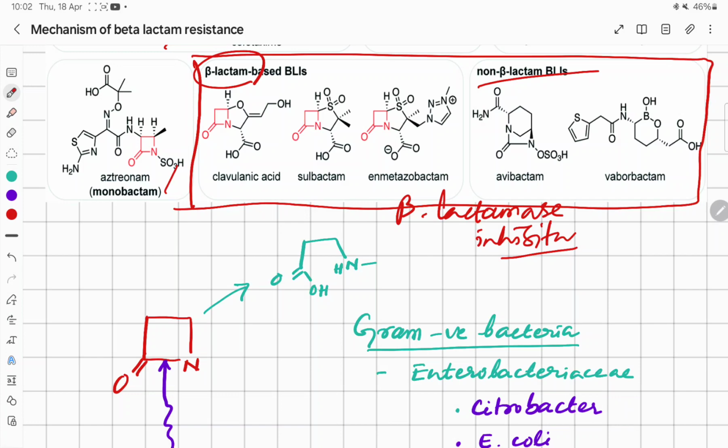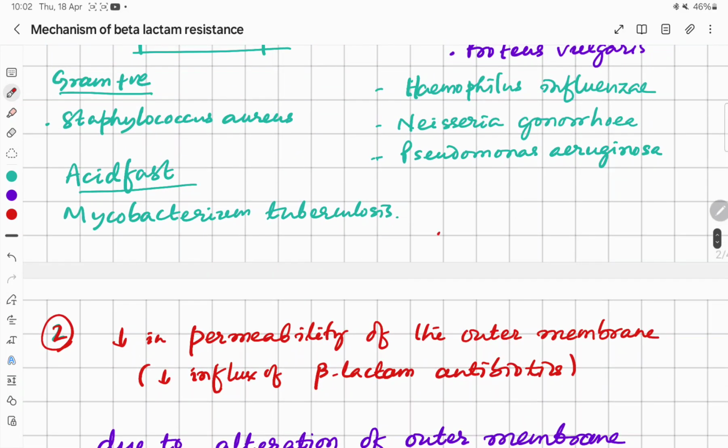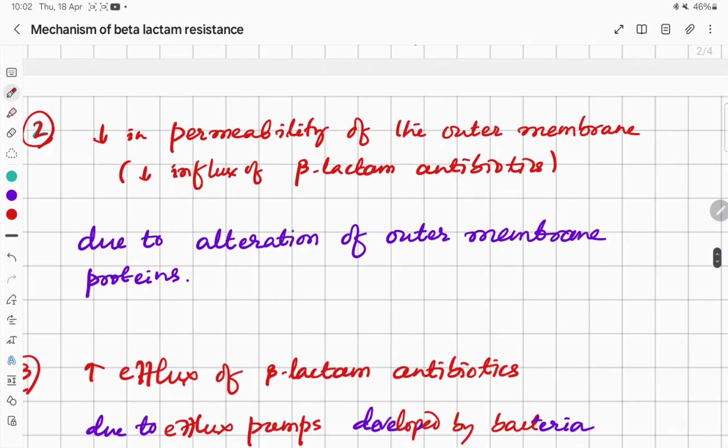Clavulanic acid is the beta lactamase inhibitor which can prevent the resistance to amoxicillin, the beta lactam antibiotic.